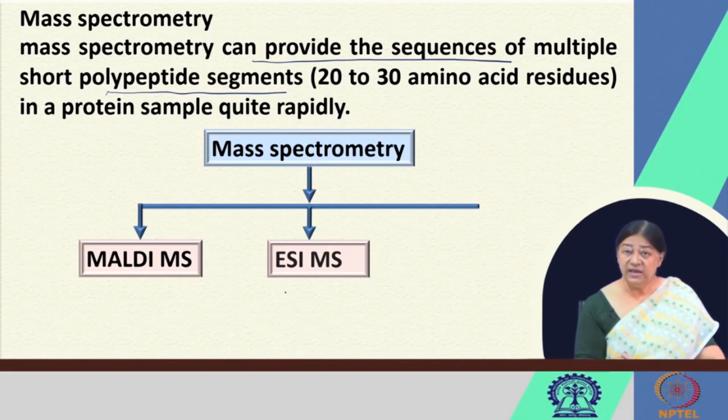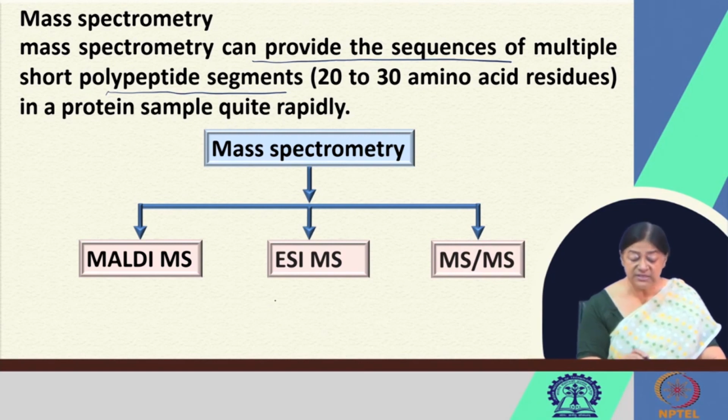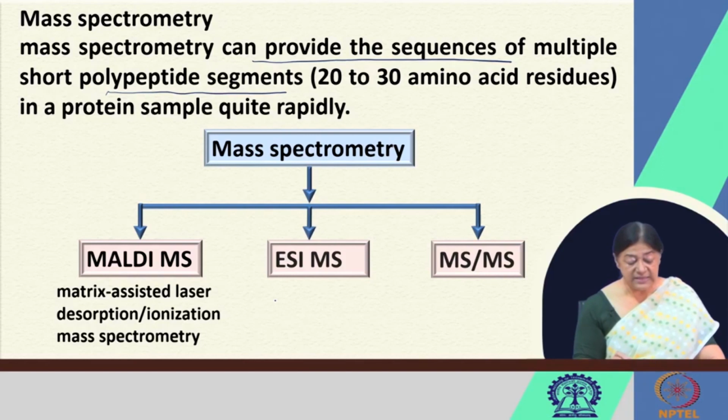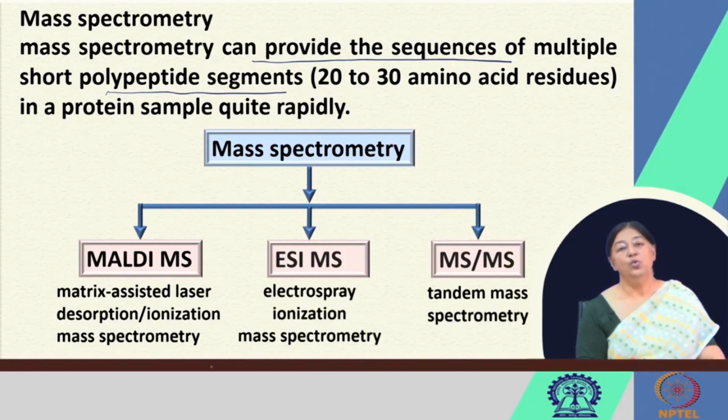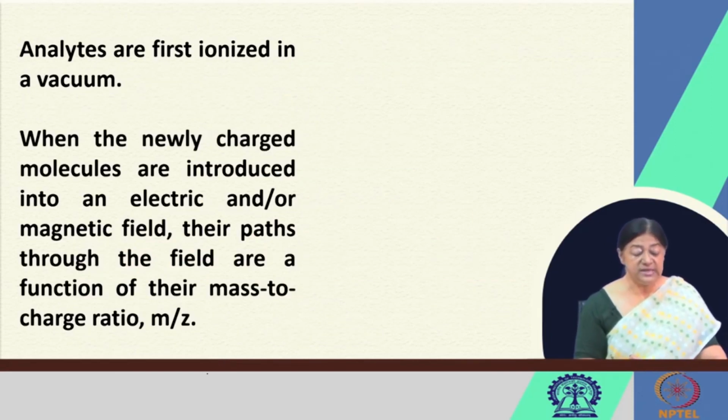We have ESI, electrospray, and we have also MSMS. Now, these are different mass spectrometry methods that give us an idea as to how we can determine the sequence. So, in this case, the analytes are ionized in vacuum. So, we have different fragments that are formed, and these fragments are now charged.